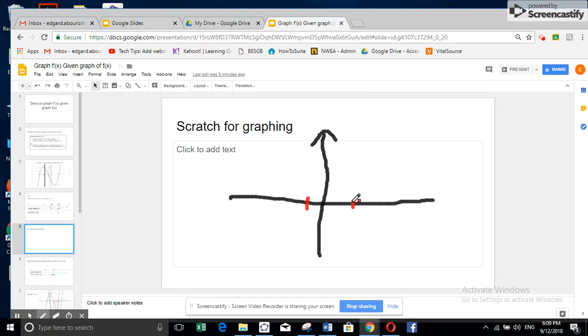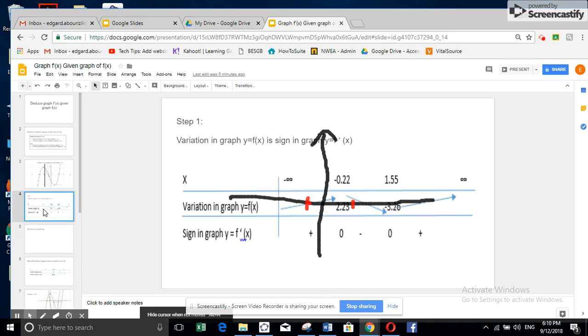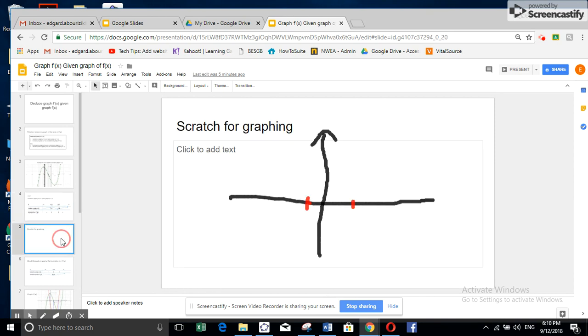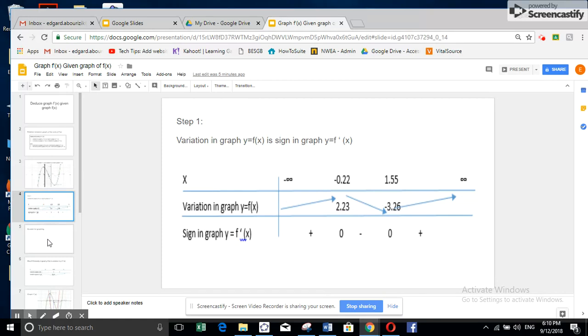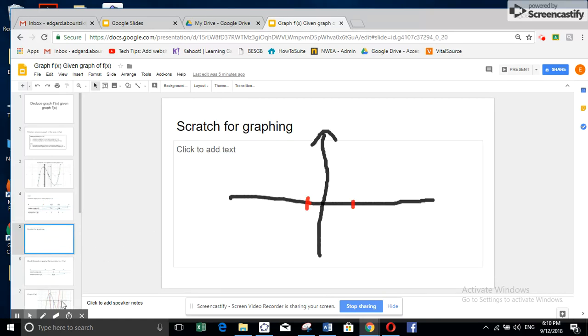Suppose this is the root here. I have two roots. So if I go up, what do I have? The function is positive from minus infinity till minus 0.22, then negative, then positive. So first of all, the function must be positive.